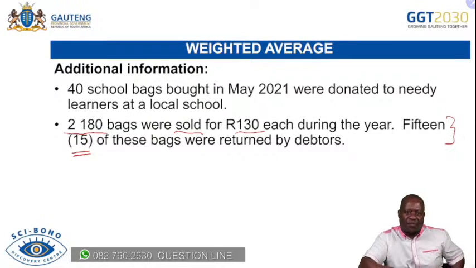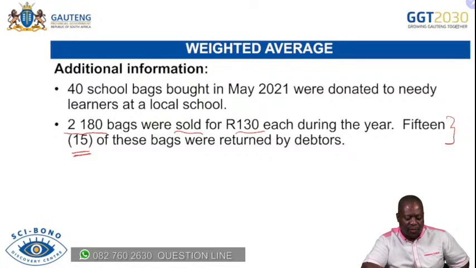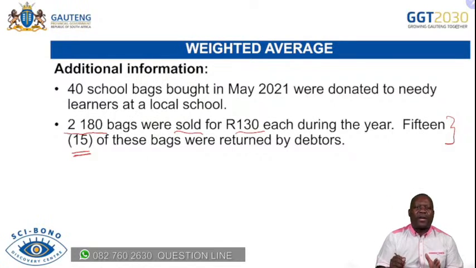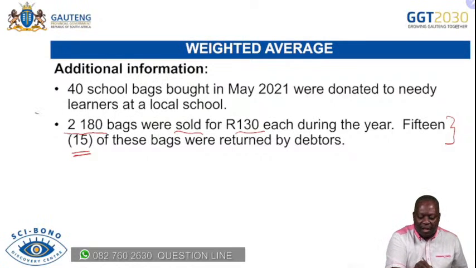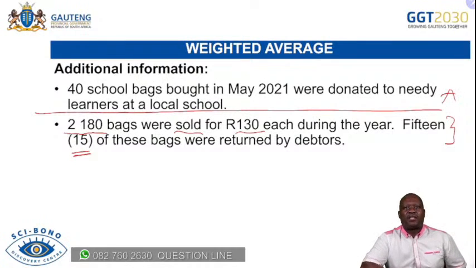We'll see it when we get to gross profit, so let's wait until we get there. When calculating the value of closing stock, we need this item. This one, we need it. But the last item, let's keep it on hold for some time.